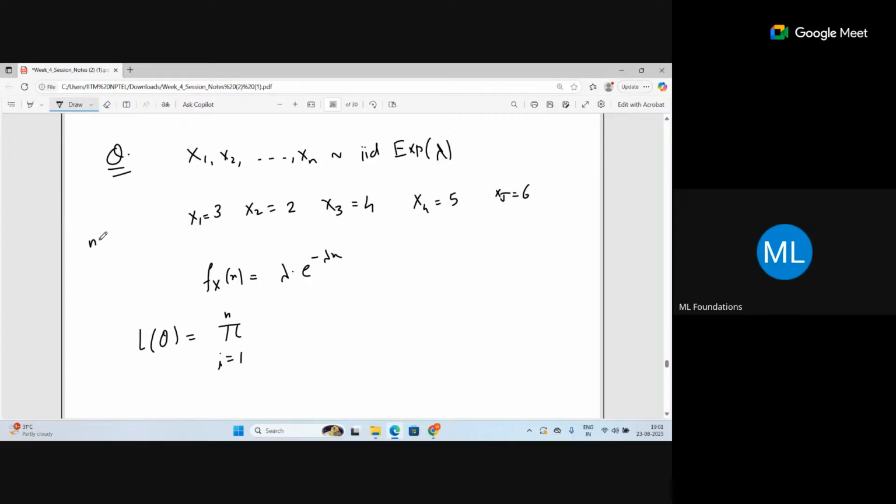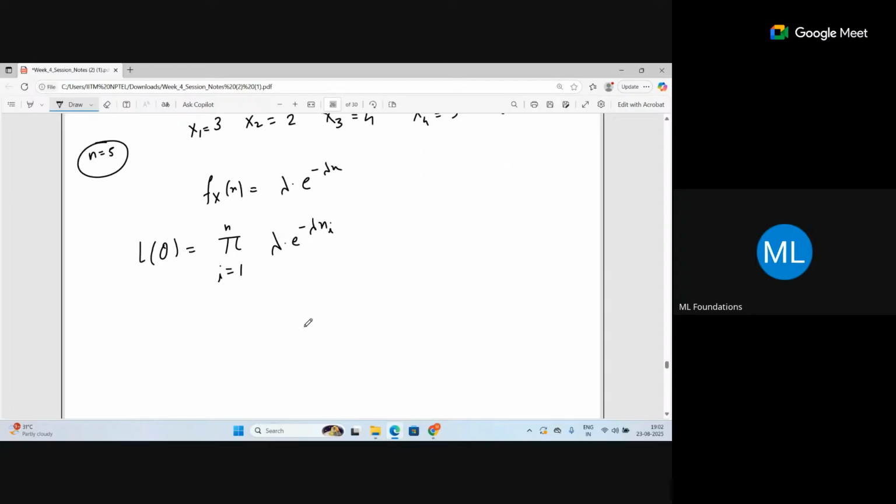Here n equal to 5, the number of samples. So it will be lambda times e to the power minus lambda xi, and the product becomes lambda to the power n e to the power minus lambda summation of i equal to 1 to n xi. So this is my likelihood.